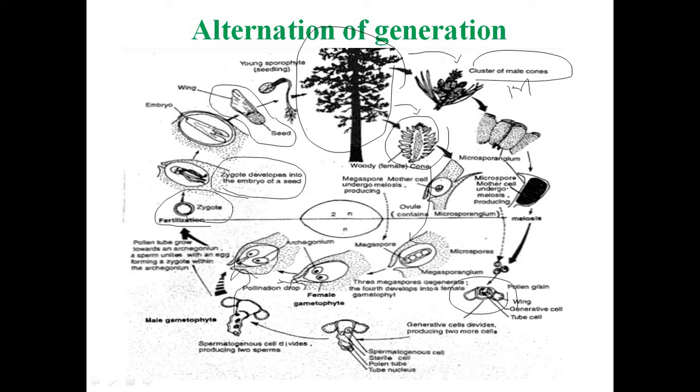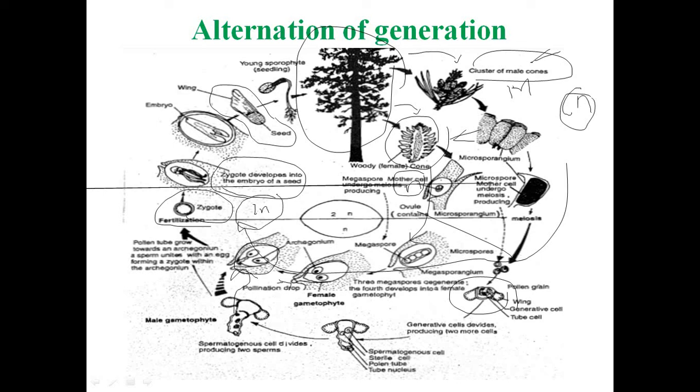So up to this point, the microspores and the megaspore each have a single chromosome number, that is, the microspore is single N and the megaspore is single N. They unite, and the zygote gives rise to the diploid set of chromosomes. The sporophytic plant body alternates with the gametophytic plant body. So this is all about the alternation of generation in Pinus.